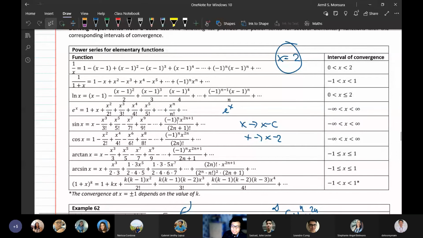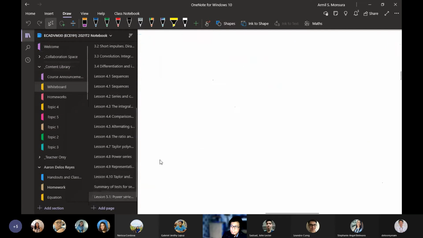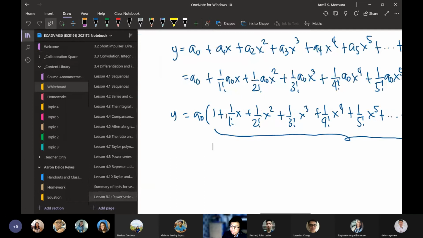Yung dito sa e raised to x. Okay? Kita nyo? Ito yung mga terms na hinahanap natin. 1 plus x. Bali, 1 over 1 factorial plus 1 over 0 factorial plus 1 over 1 factorial times x plus 1 over 2 factorial x squared. Okay? Ayan na, 1 plus 1 over 1 factorial.